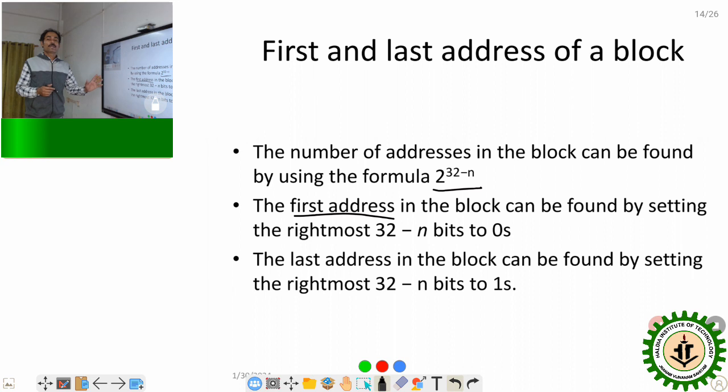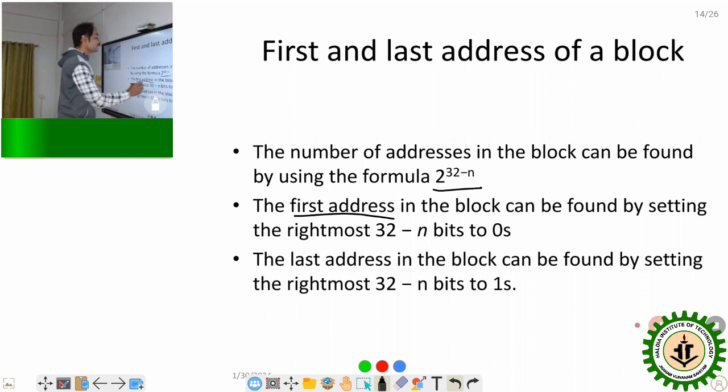If we are able to count the number of addresses in the block, then we'll be able to find all the addresses in the block. Once we know the first address, we can move to the second, third, and so on, and accordingly to the last address as well.